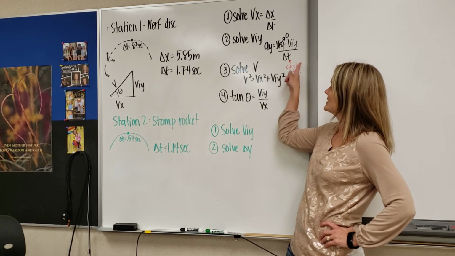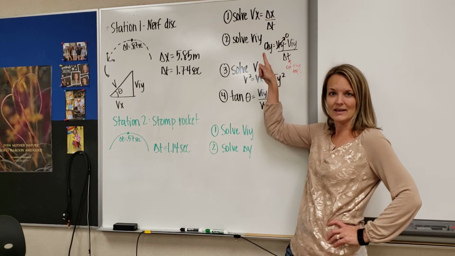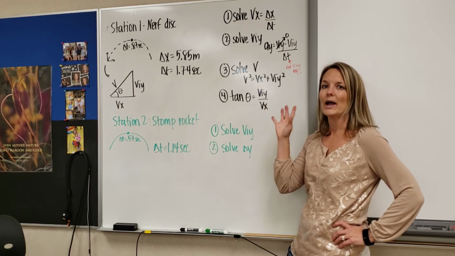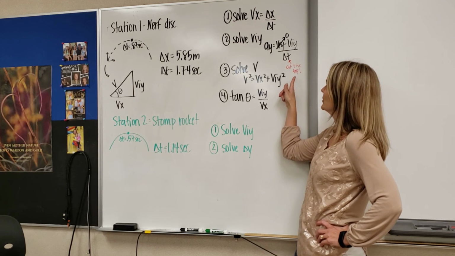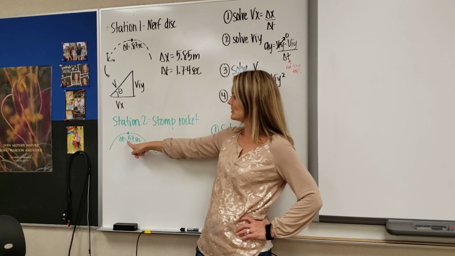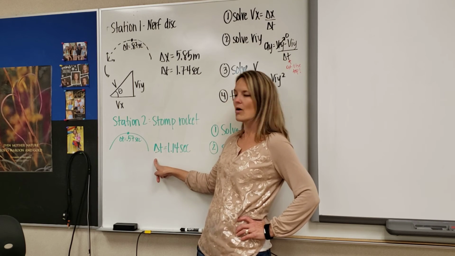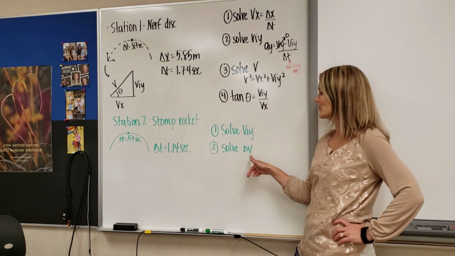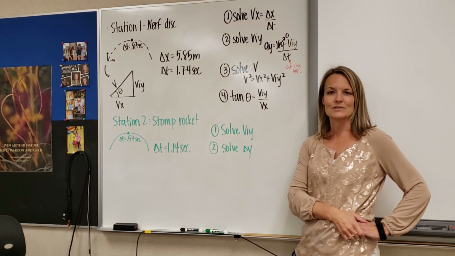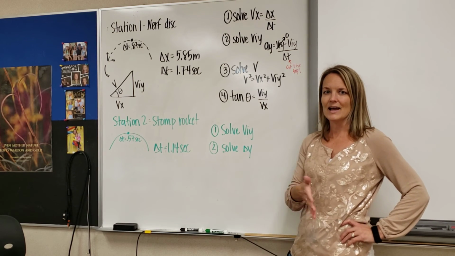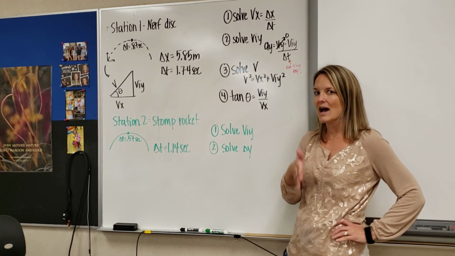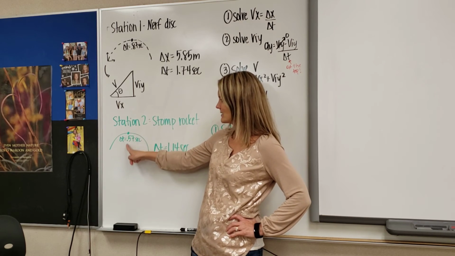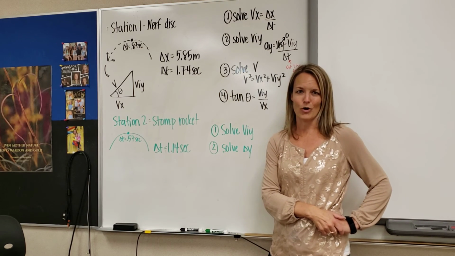You will need to use this equation again to solve for VIY, and you have to remember it only works at the top, so you have to use the time at the top, not the time all the way over. That's also the time that you're going to want to use to get delta y, because that is the height, and that occurs at the top. At the peak is where you have your maximum height, and that's what you're solving for.